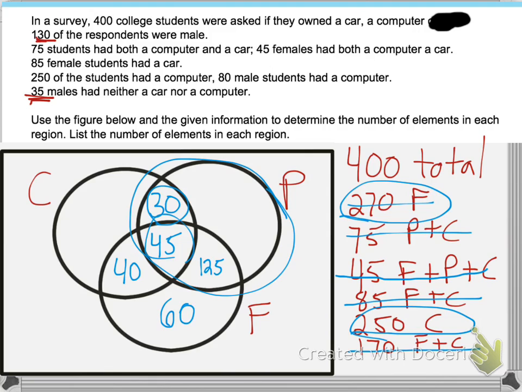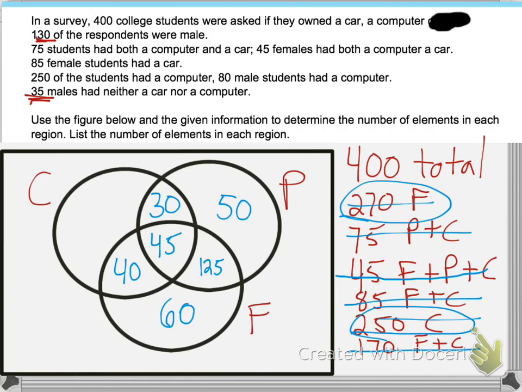Right, 30, 45, and 125. So we have a total of 200 already. 250 total. So that means that we need to have 50 going in just the computer region there.